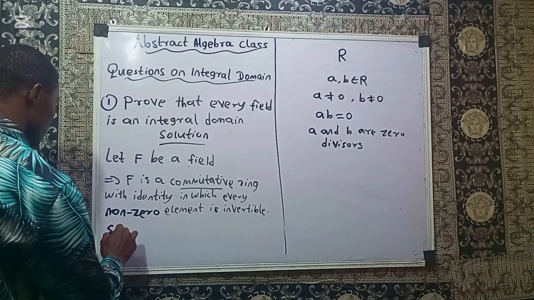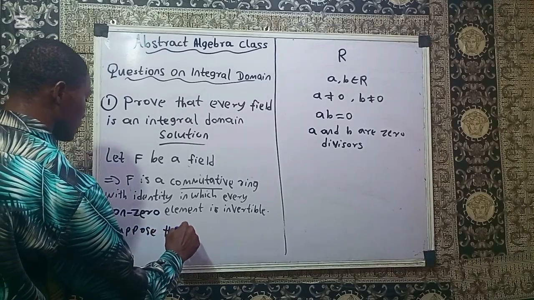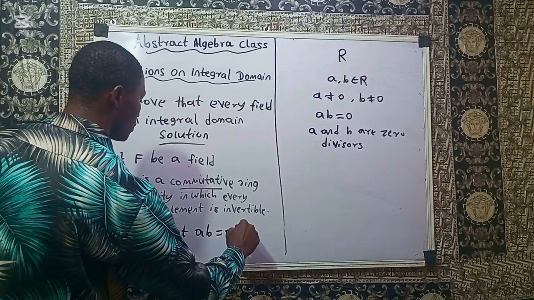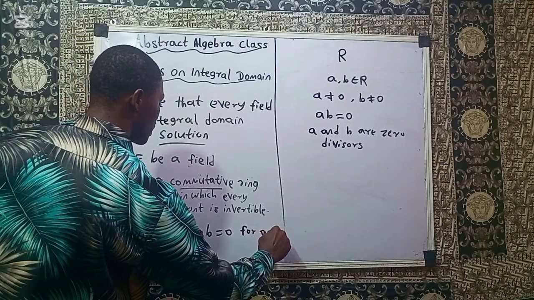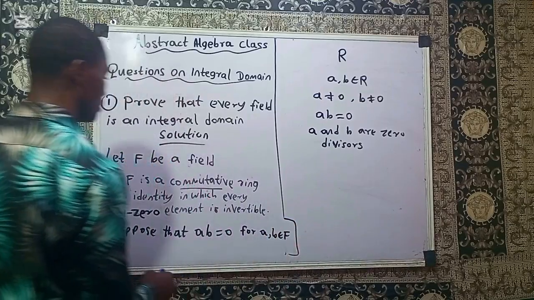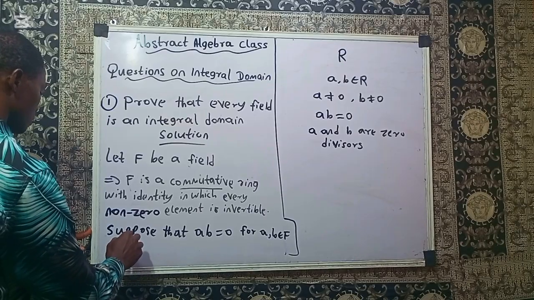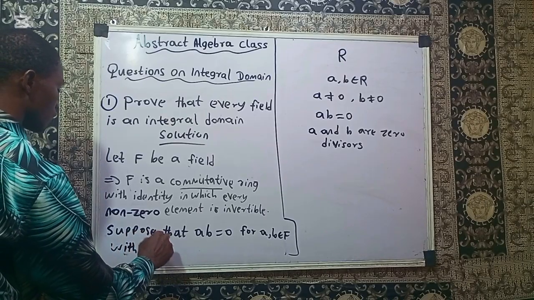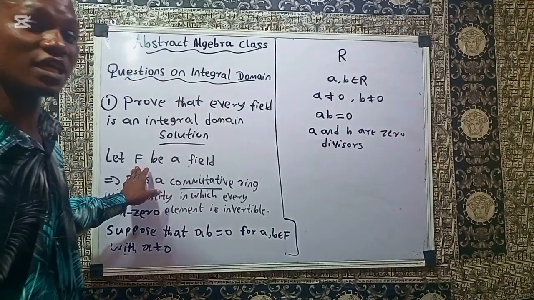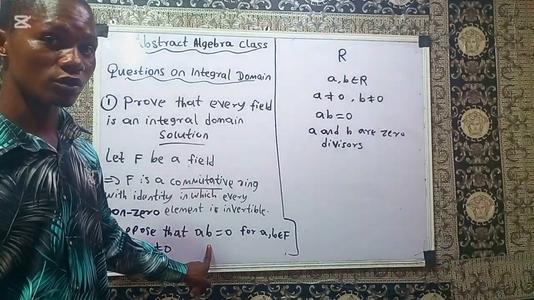Suppose that a times b is equal to 0 for a an element of our field F, with a not equal to 0. We want to show that this field F has no zero divisors. So we suppose that the product of two elements is 0.